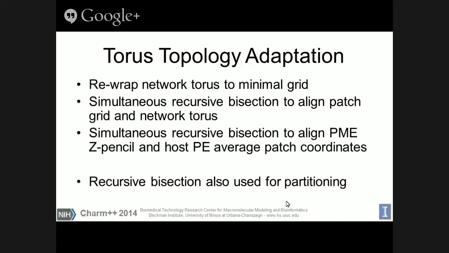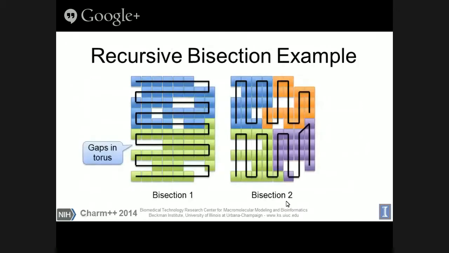Then we do a recursive bisection on the nodes that we're given. We take this curve through the nodes, divide in half, and then in the next direction we go along the next longest direction. We do this to both the torus of the machine and to the patches in the simulation, and pair those up.